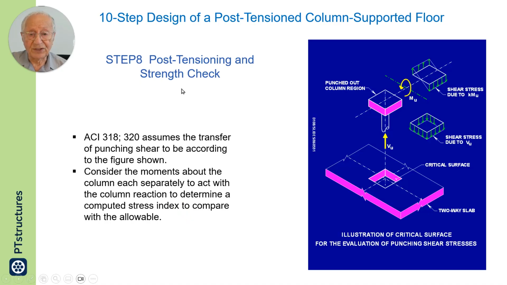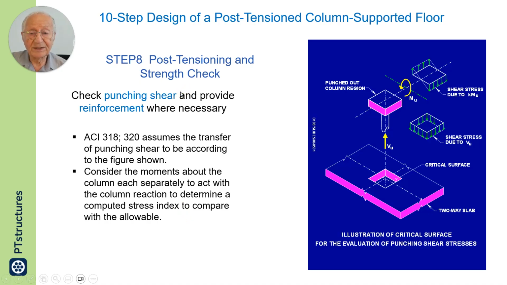Then we come to punching shear. For punching shear, ACI assumes that the transfer takes place according to a diagram like this. You will have an assumed perimeter and surface, and you consider the moment about the column in each direction separately. You apply it to the surface and you apply the axial.